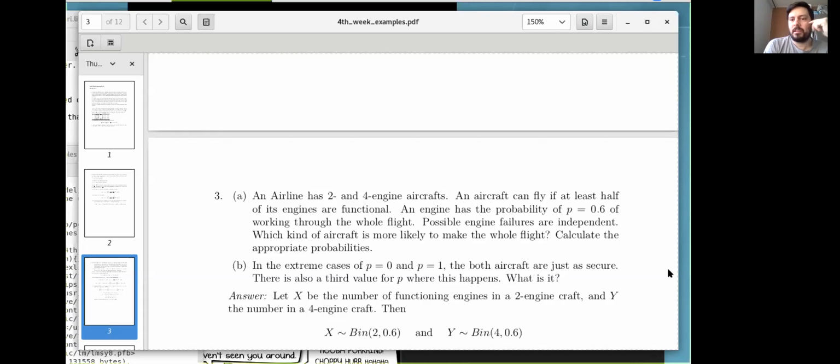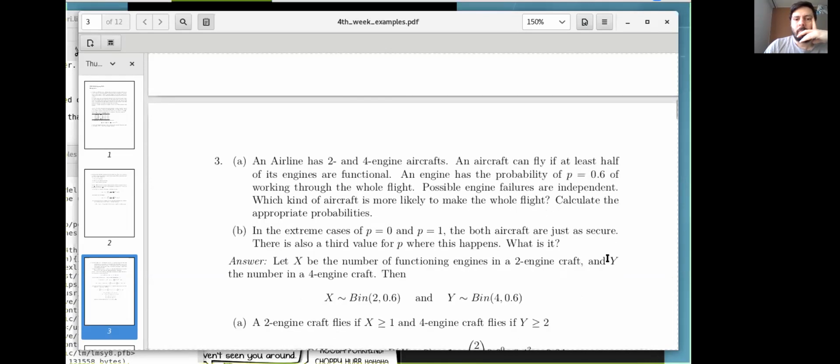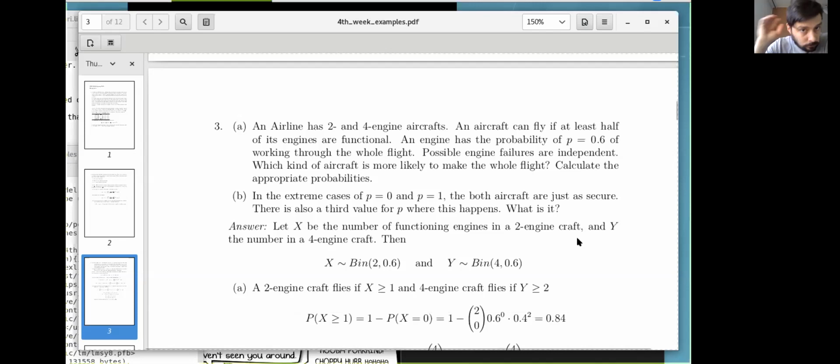And Y is a binomial distribution with 4 and 0.6 probability of functioning. However, the 2-engine aircraft flies if X is greater than or equal to 1, and the 4-engine aircraft flies if Y is greater than or equal to 2.